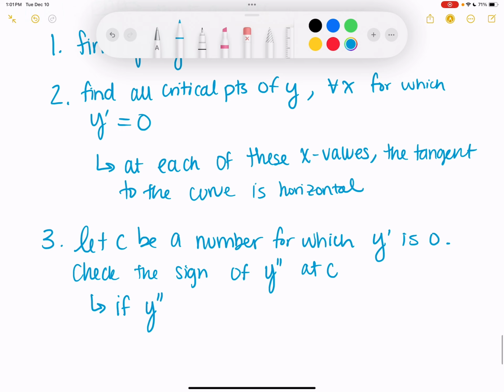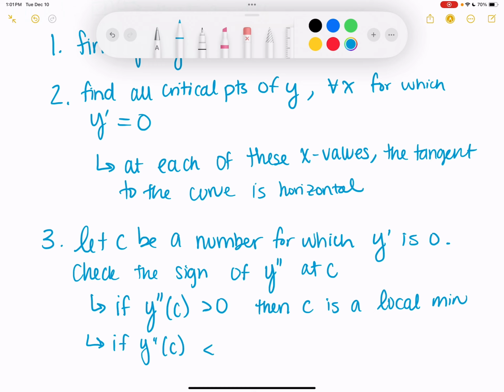If y double prime of C is greater than 0, then C is a local min. If y double prime of C is less than 0, then C is a local max.